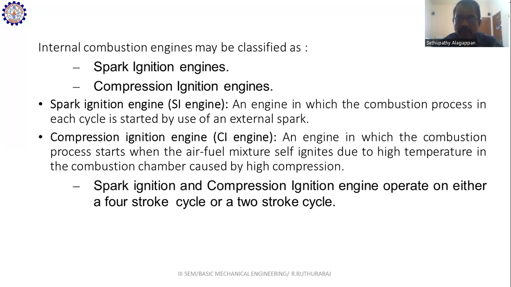So in this type, ignition is created naturally inside the engine. This type of engine is the compression ignition engine. Spark ignition and compression ignition engines operate on either a 4-stroke cycle or a 2-stroke cycle. This is the main classification of IC engines.